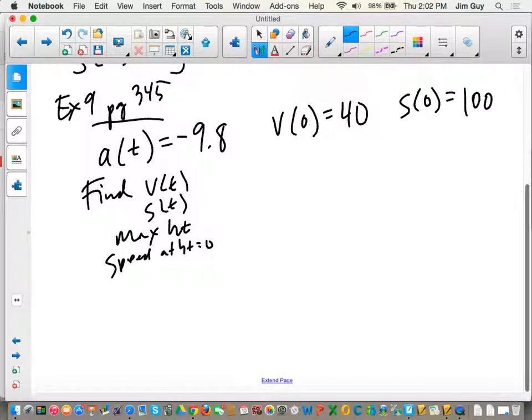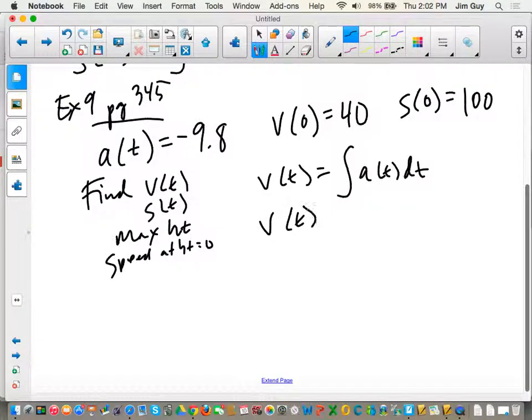All right, so v of t. What we're going to do, we're going to dig through our folder, find all our physics formulas, and start writing everything down? No. No! We're going to use calculus. v of t would equal the integral of a of t. I'll write it all out here so you remember.